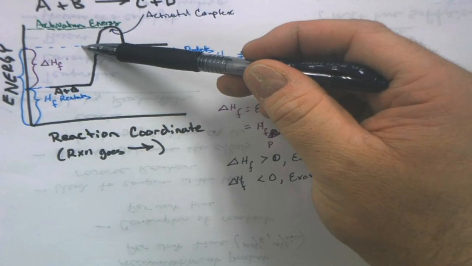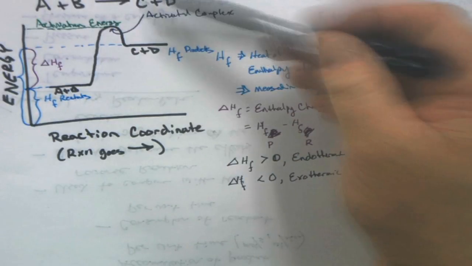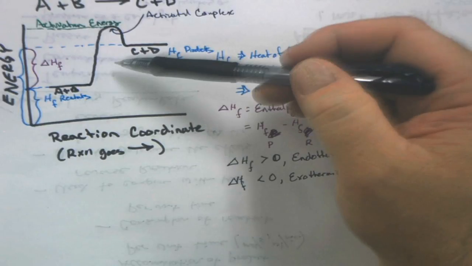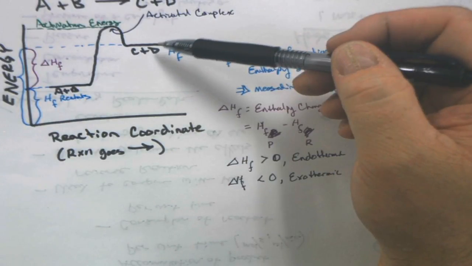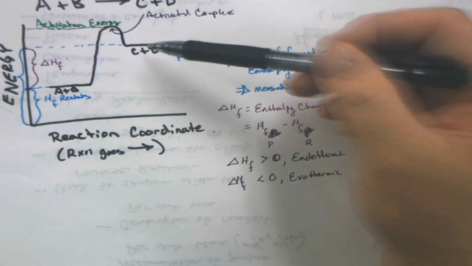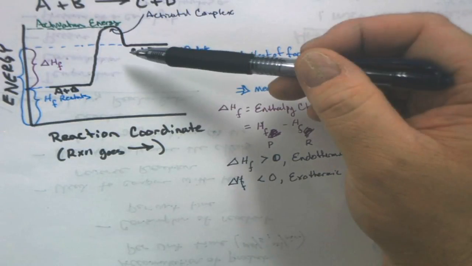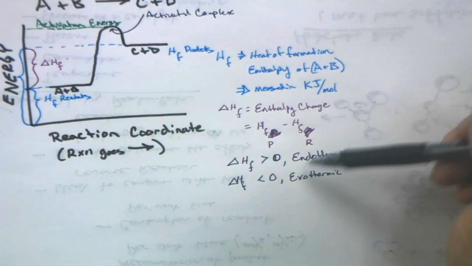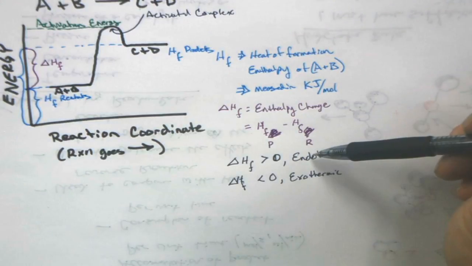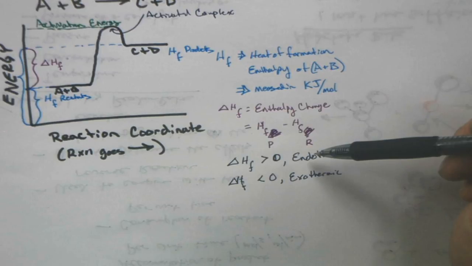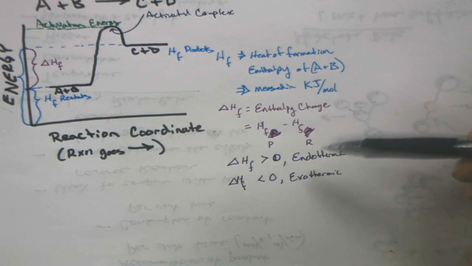But this energy is absorbed. This is potential energy. This energy is stored in the bonds, which means it would have to come from somewhere into the reaction. That makes it endothermic.